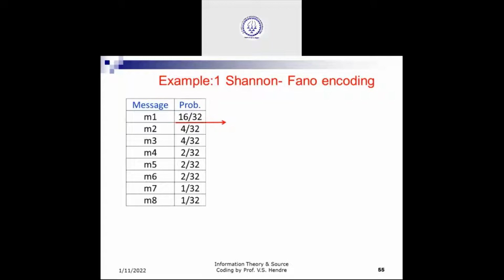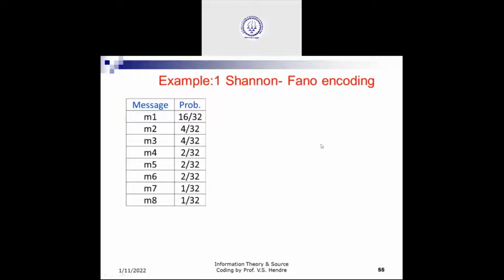Now implement the Shannon Fano encoding algorithm and calculate the efficiency of the code.